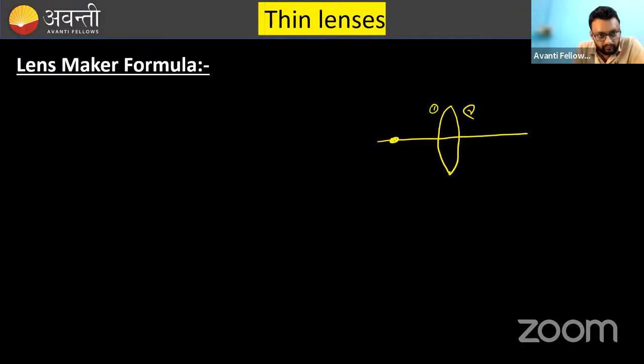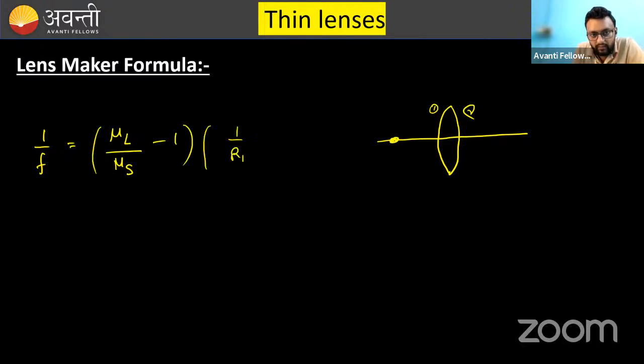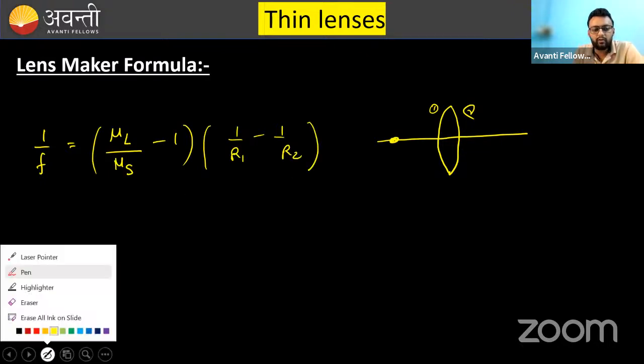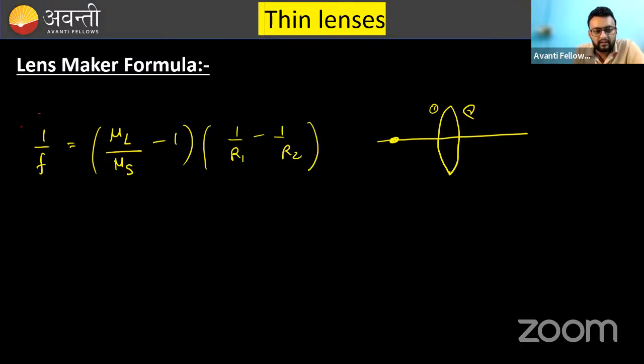Now, what is lens maker formula? 1 over f is equal to the refractive index of lens over refractive index of surrounding minus 1, times 1 over R1 minus 1 over R2. This is how we actually write the lens maker formula.